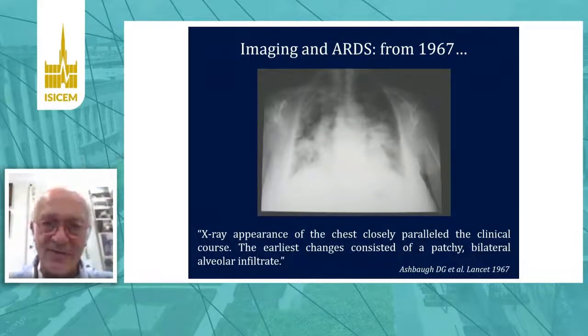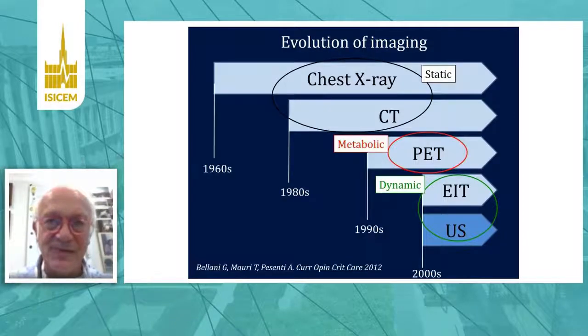Now, let's see what has happened with imaging in ARDS. We started in 1967 when Ashbaugh defined ARDS using, among other signs, the chest X-rays. And we grew up with the idea that ARDS was a diffuse disease of the lung.